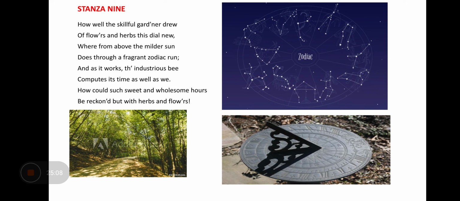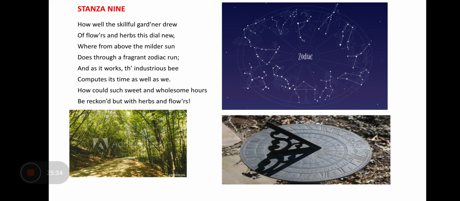From the shade, the people in ancient times used to understand the time of the day, and they used to plan their work. So, in this stanza particularly, the poet says how skillful the gardener is who made flowers and plants. Here, who is the gardener? God Himself, who has created the world, is the gardener.